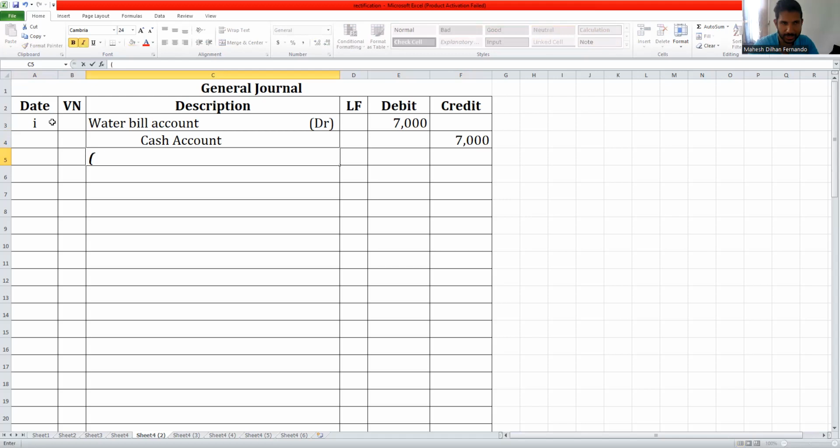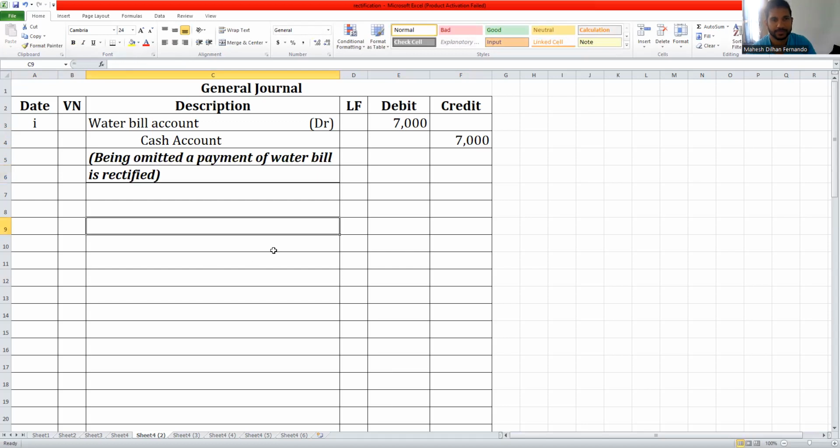Narration: we omitted a payment of water bill, is rectified. Okay. Number 2. Water bill account debit 7,000, cash account credit 7,000.